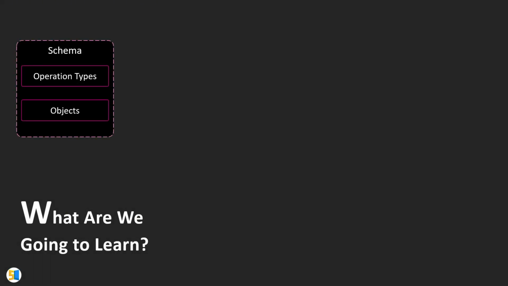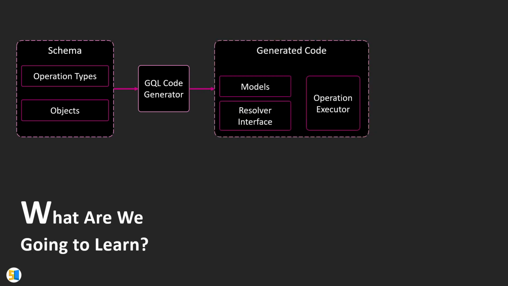Usually, when we build GraphQL systems, we begin with a schema. We define the operation types like query and mutations, and then we also define the correlated objects. After we have the schema, we use a tool to generate code from that schema in the selected programming language. In this example, we have the models, which are representations of those objects.